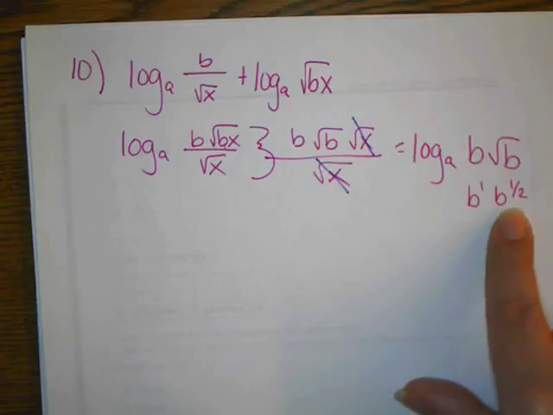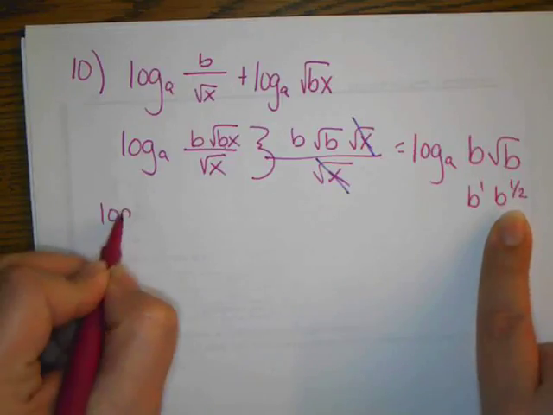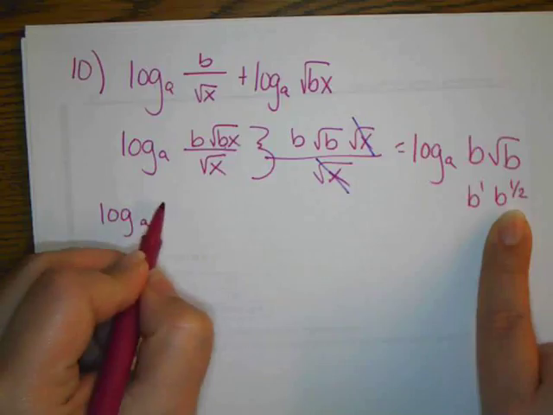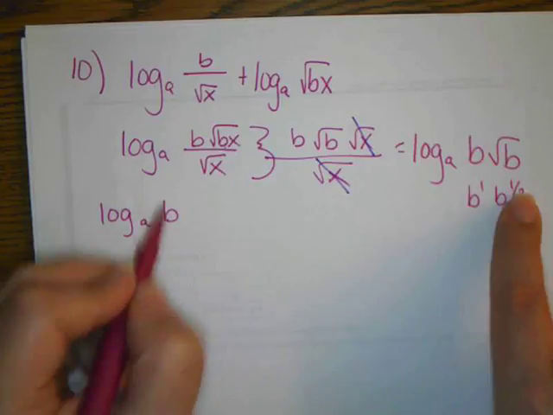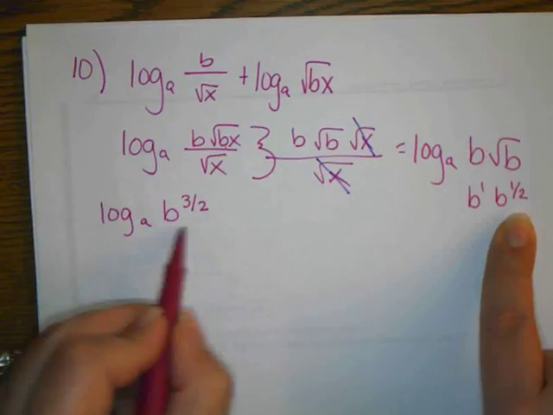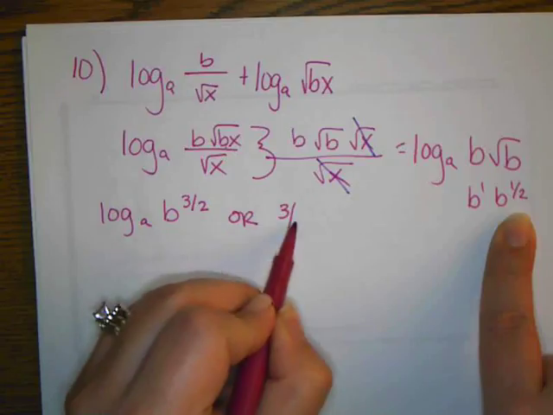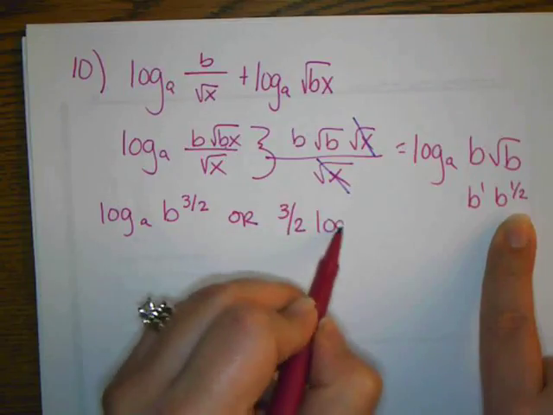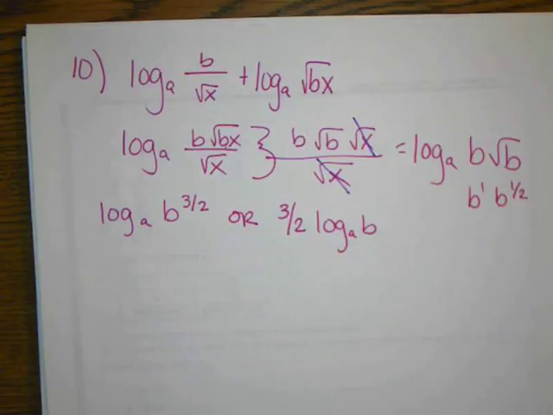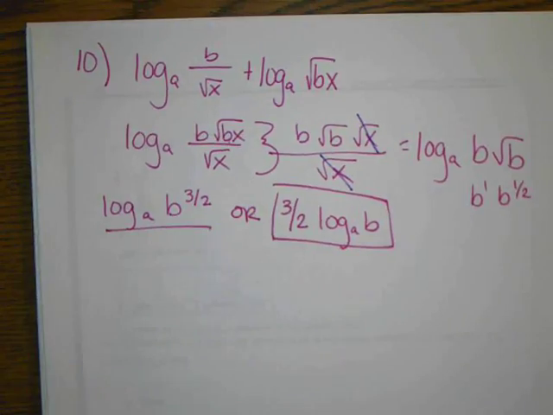And what do you do with exponents of the same base? You add them. So we have log base A of b to the 1 plus 1/2 is 3/2. And if you'd like to simplify that, you sure can, and move the 3/2 out front using the power rule. And that would be the best final answer, although I would accept that on a test.